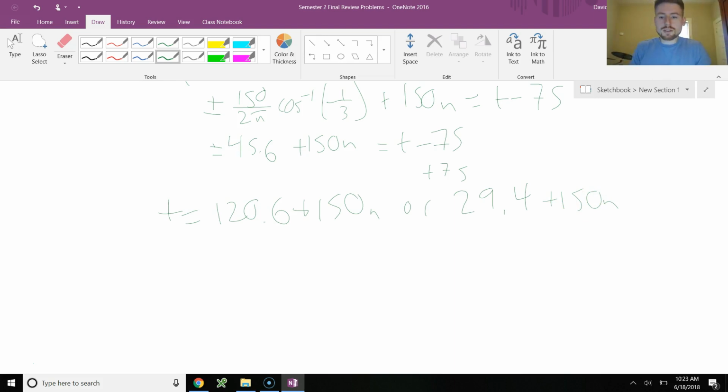Those are the two times, plus multiples of the period, where the fish is entering or exiting the water.